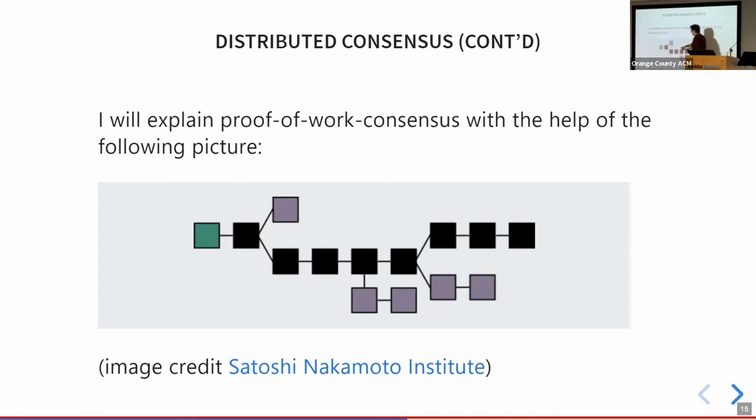So transactions are recorded in so-called blocks, and the green block here is just the first block which was created. And then maybe there are some more transactions, right? And there's another block appended. So more data written into the ledger. But then the question is, how do you do this in a distributed fashion?